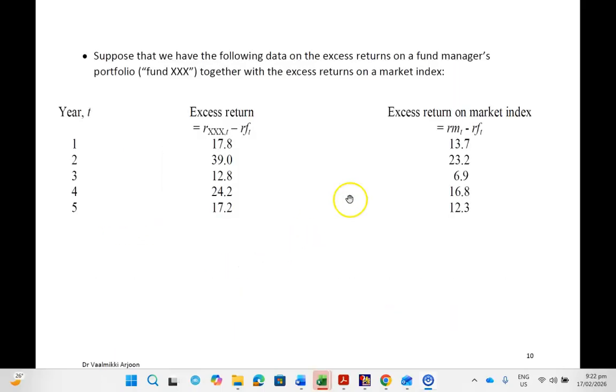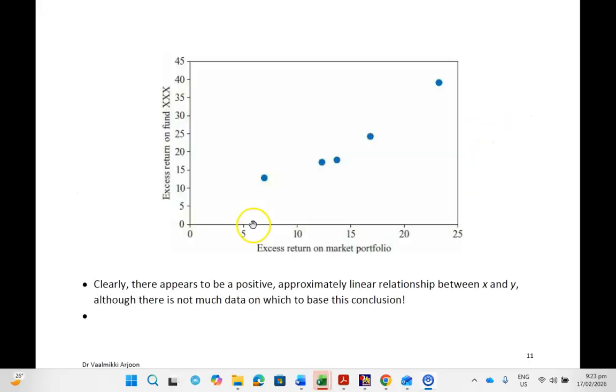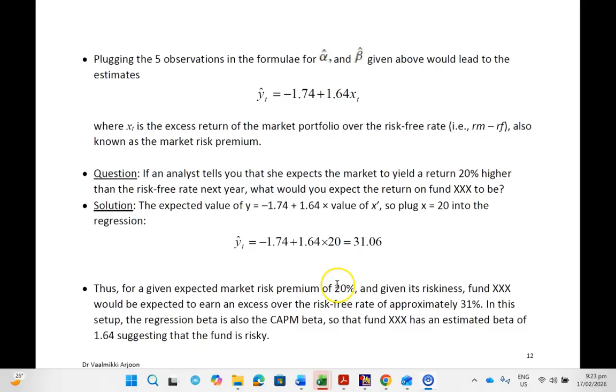That means the market return, RM, is 20% higher than the risk-free rate. So the difference between the market return and the risk-free rate is 20%. If she expects the difference to be 20%, what would you expect the return on fund triple X to be? You have the regression equation here.